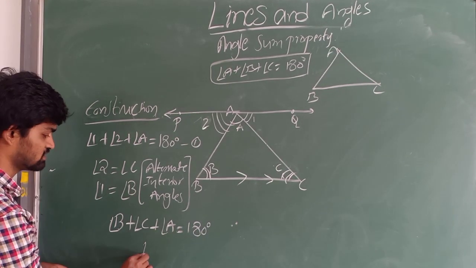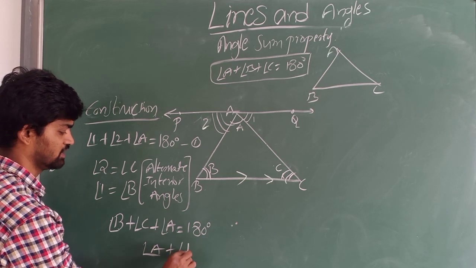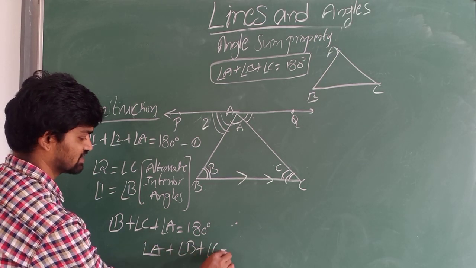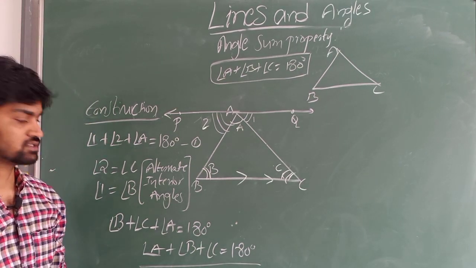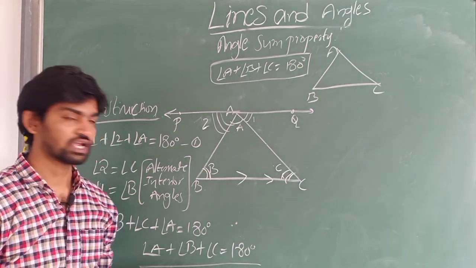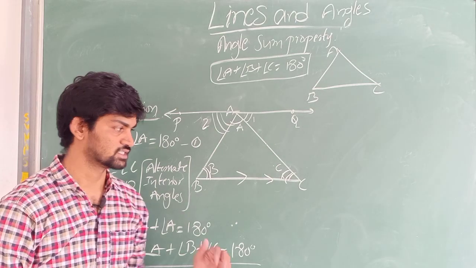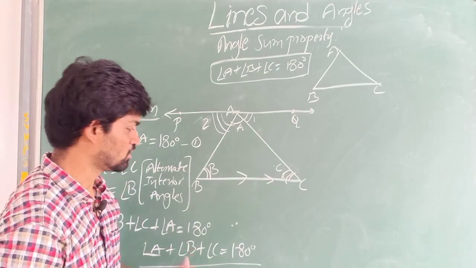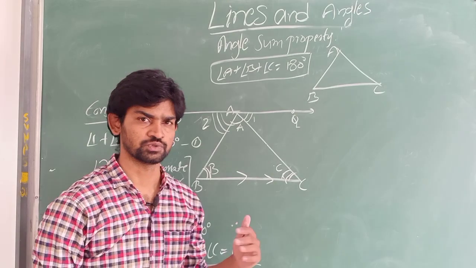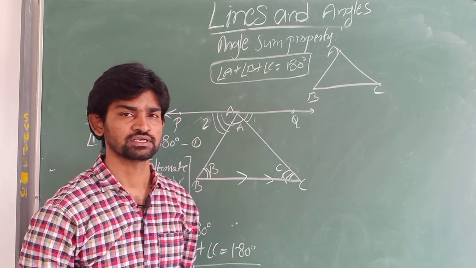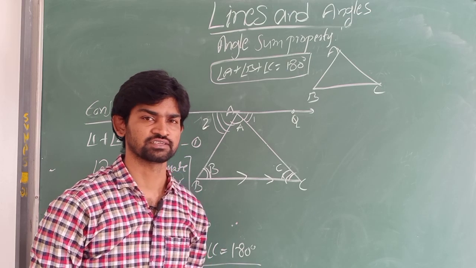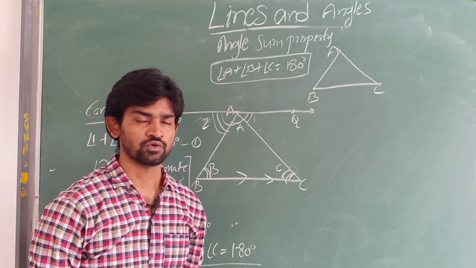You can write in sequence: angle A plus angle B plus angle C equals 180 degrees. This is the sum of angles in a triangle, 180 degrees. This is your topic, children. Hope you understood it. Please try to read all the definitions of angles and learn the transversal properties so that you can do the exercises and worksheets easily.